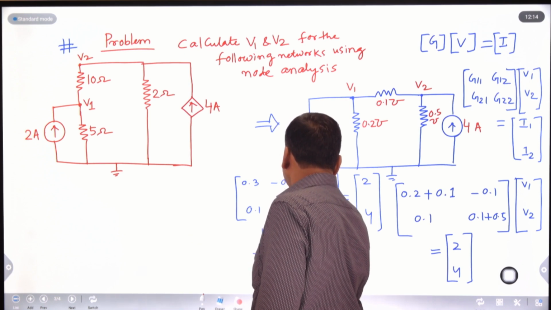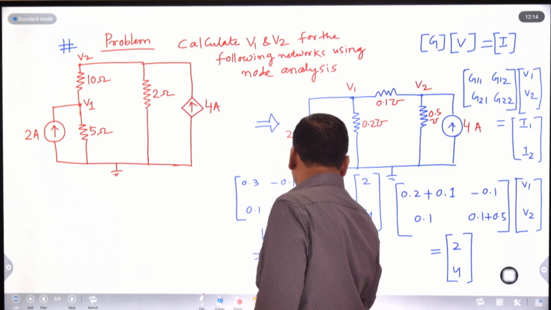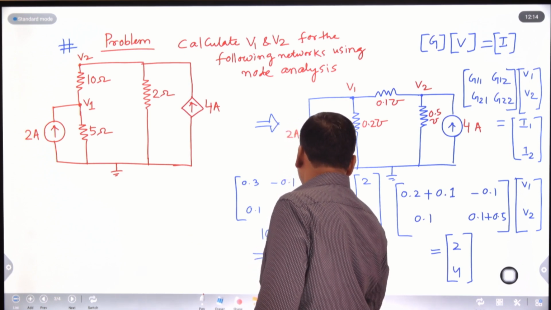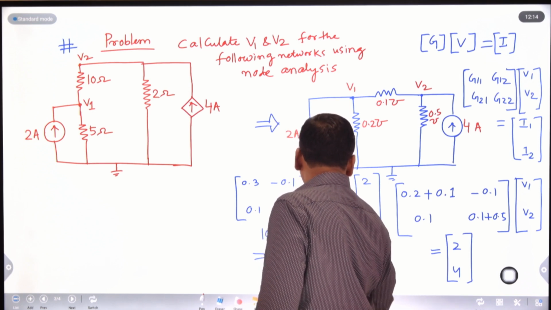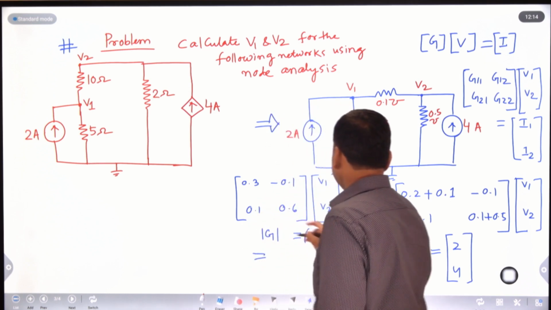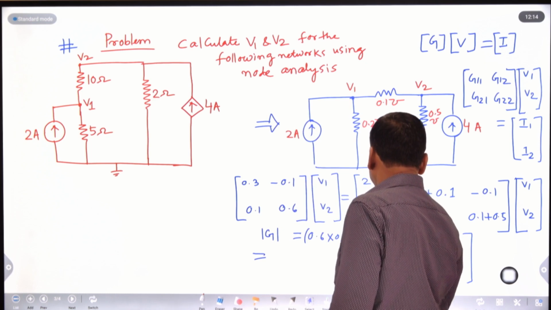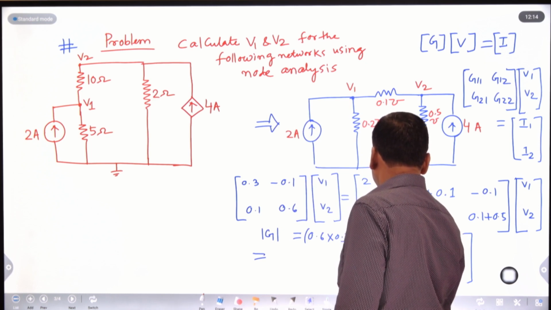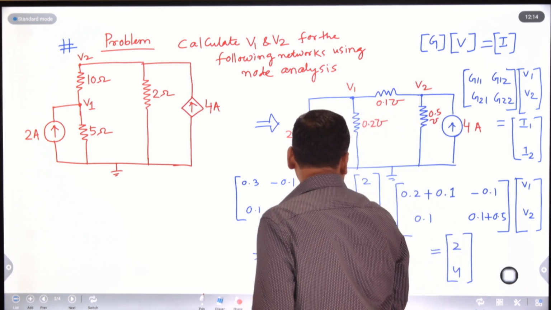G equal to 0.6 into 0.3 minus, plus 0.1 into 0.1. Okay, the value is around how much?